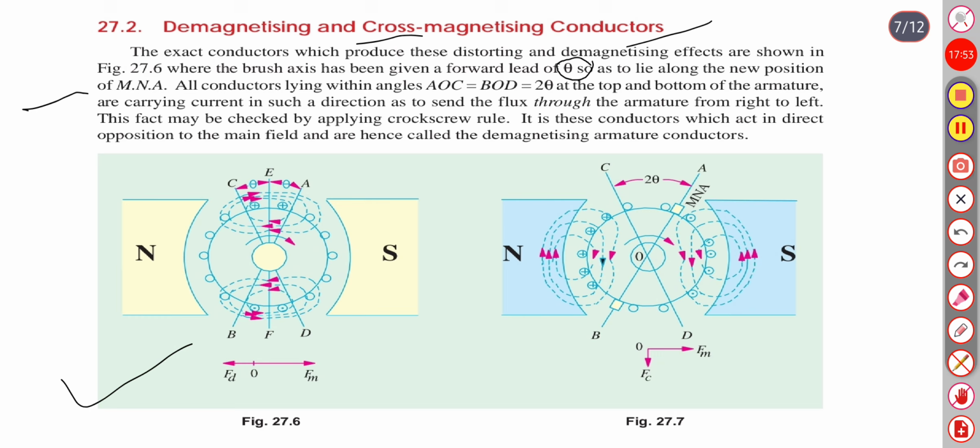All conductors lying within the triangle AOC equals BOD equals 2 theta.